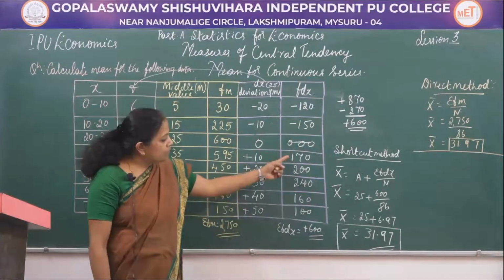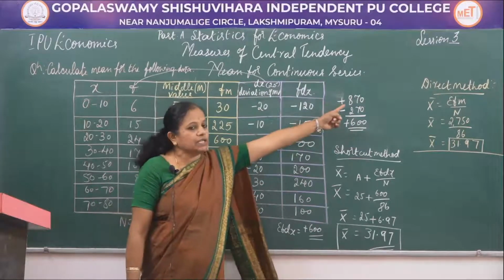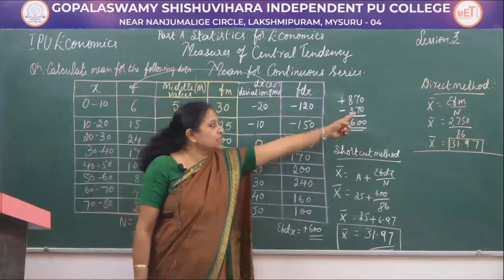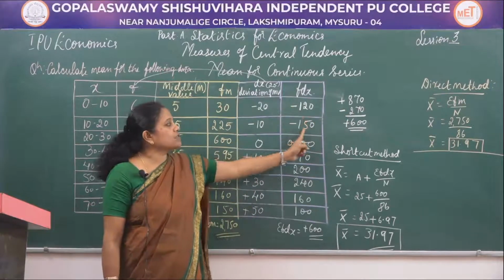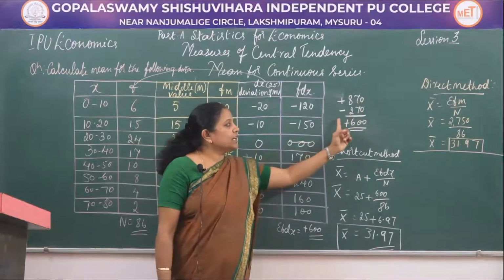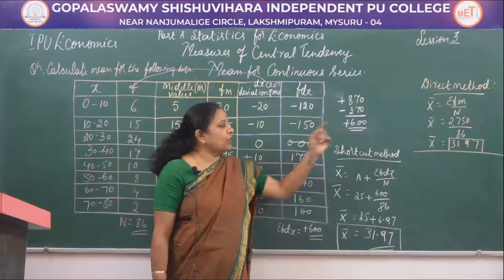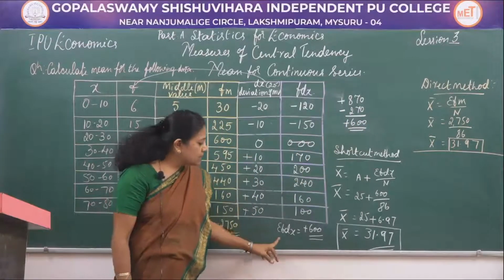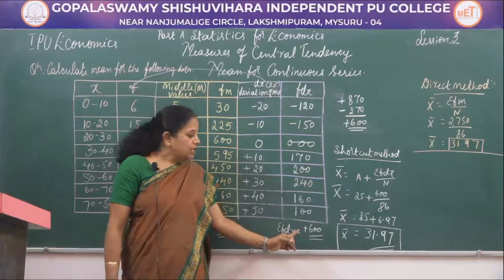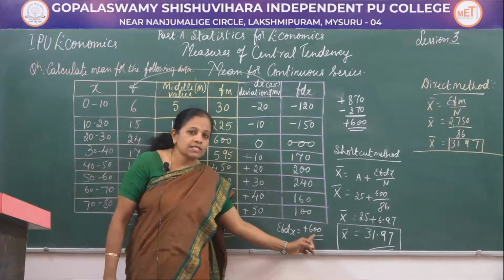So the total of all the positive values is 870, and the total of all the negative values is 270, since 120 plus 150 is 270. From the positive total we deduct the negative total and obtain 600. So sigma f dx, the sum total of all the f dx, is plus 600.